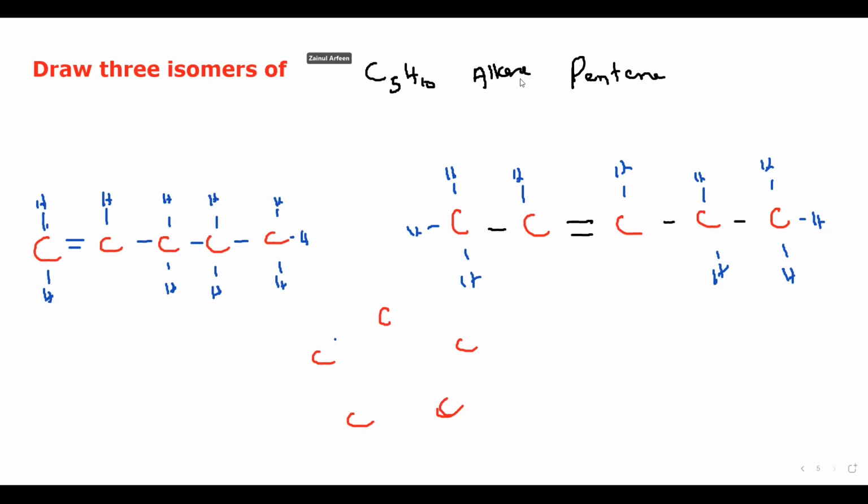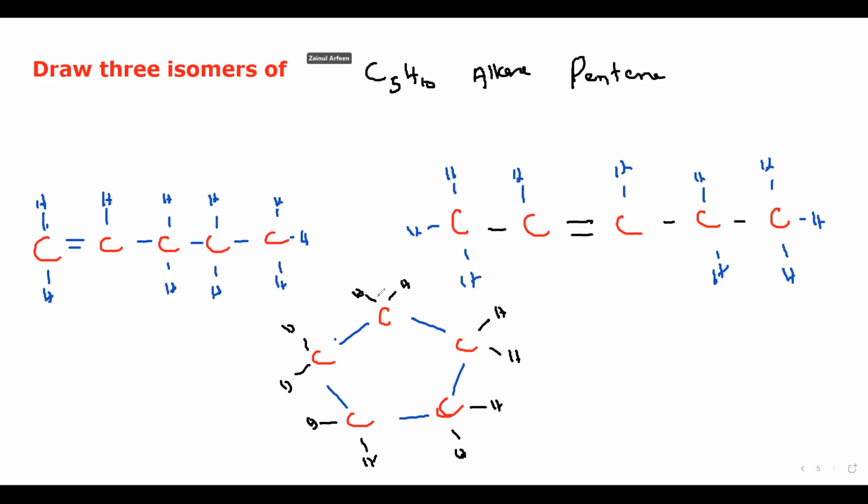Then we put single bonds, so we draw a cyclic alkane. This will have 2 hydrogens, this will have 2, this will have 2, this will have 2, and this will also have 2 hydrogens. So this is how we draw the structure.